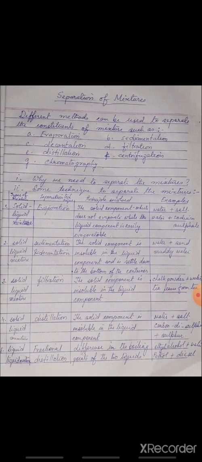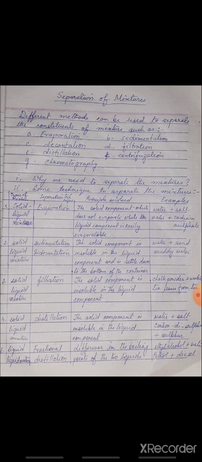Now I have already given in the note the different methods which we are using to separate the constituents of a mixture. All these methods I have already given: the types of mixture, separation technique and principle involved, and also the examples.